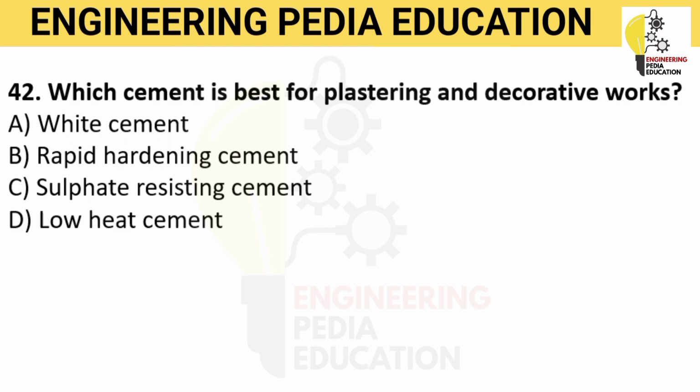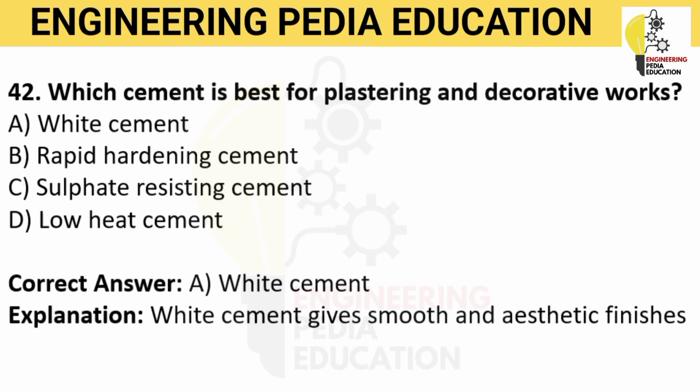Which cement is best for plastering and decorative work? White cement, rapid hardening cement, sulfate resisting cement, low heat cement. So the correct answer is white cement. For decorative work, the most commonly preferred cement is white cement, used for wall finishes, tile joints, decorative flooring, sculptures and modeling, designer facades.